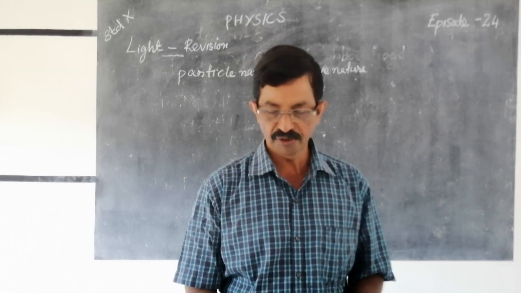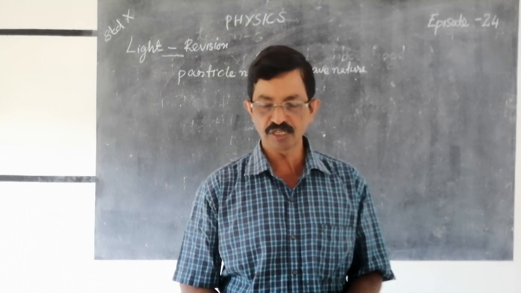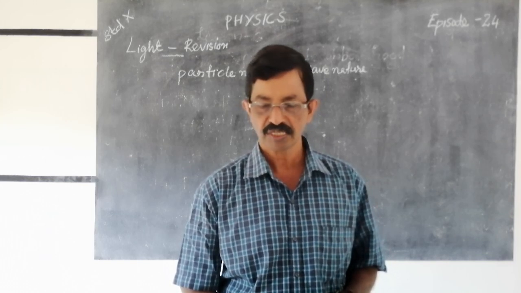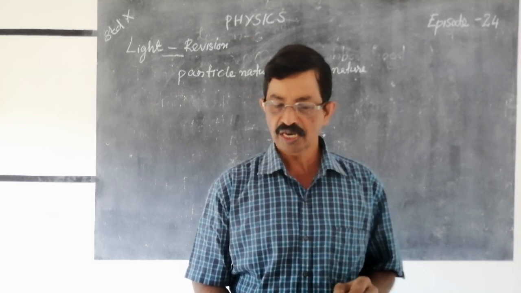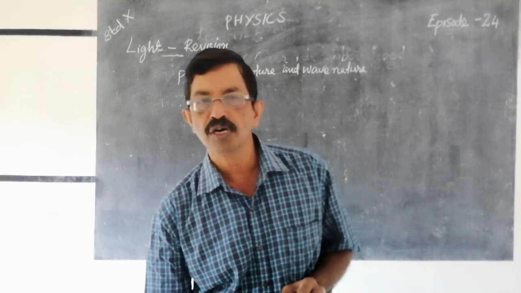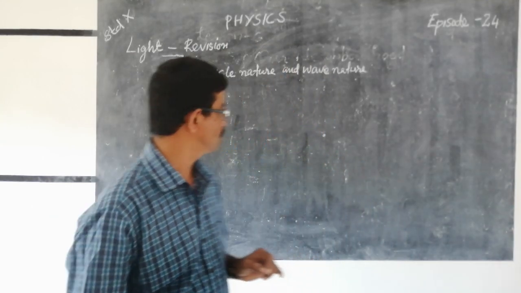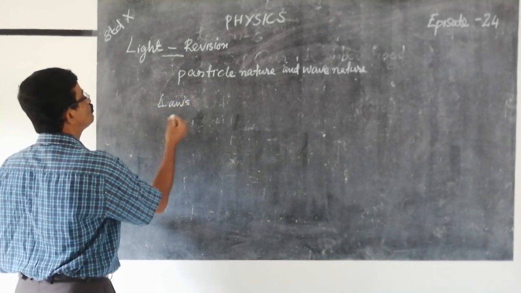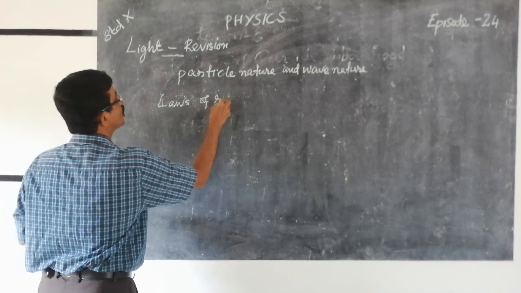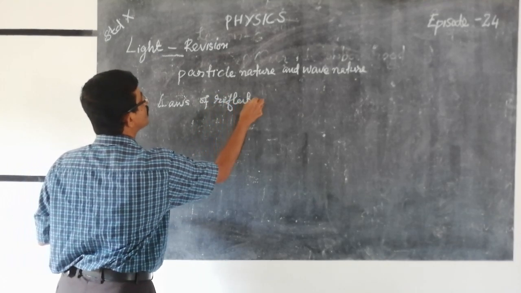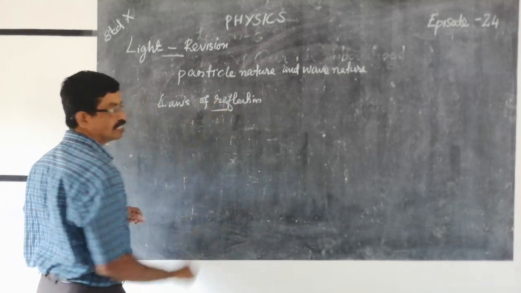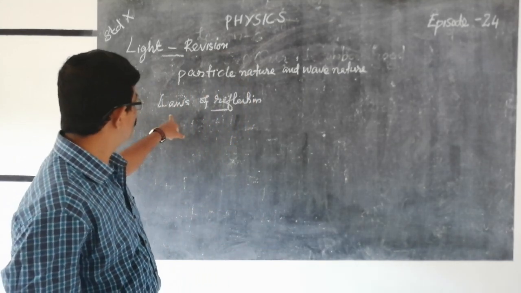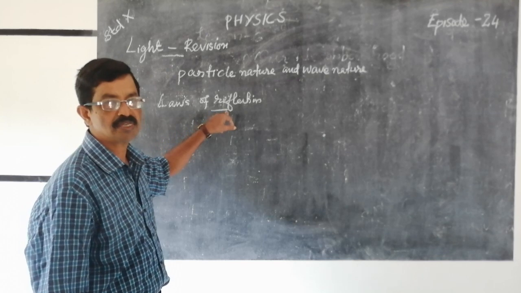Then can you remember another question to you about this one: which are the two laws of reflection, that you already studied in your class 8 onwards? What are the two laws of reflection?